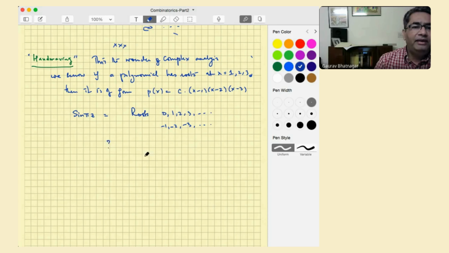So can we write sine pi z as z times (z minus 1) times (z minus 2), and so on, and then (z plus 1) and (z plus 2) and so on? Well, our theorem suggests another format. What our theorem suggests is that we write it like this: z over n and 1 plus z over n.